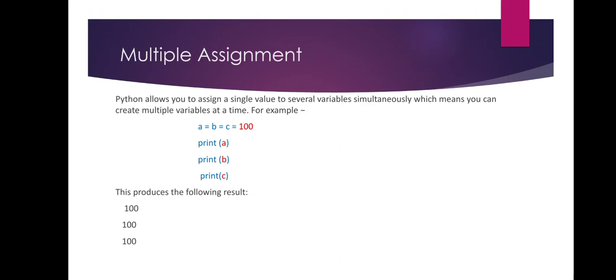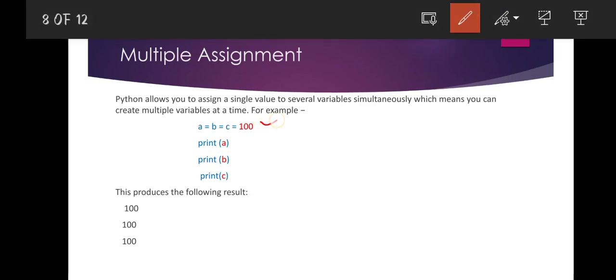Here a = b = c = 100. The meaning of this instruction is that the value 100 is assigned to the a, b, and c variables. The same value is assigned to all three variables.